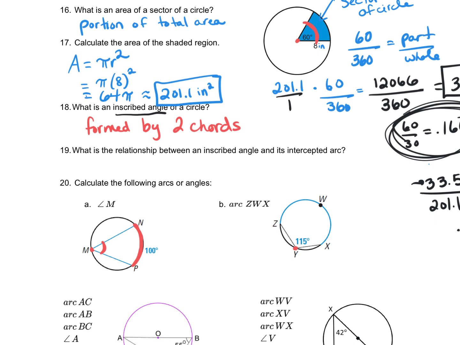So angle M creates the intercepted arc NP. And the relationship between that angle and that arc is half. The inscribed angle is 1/2 of the arc.